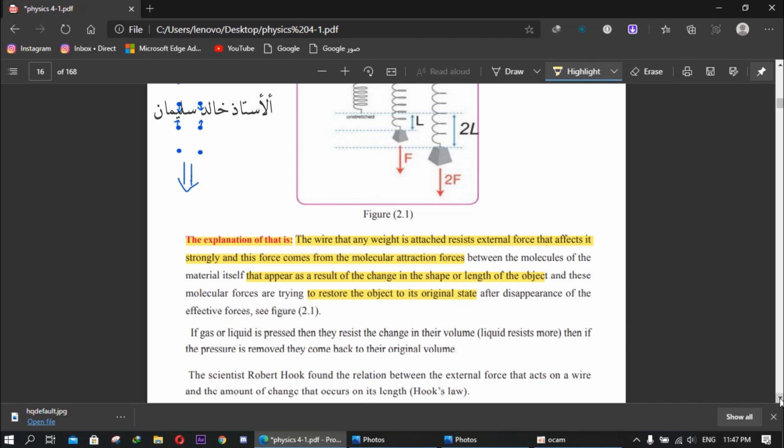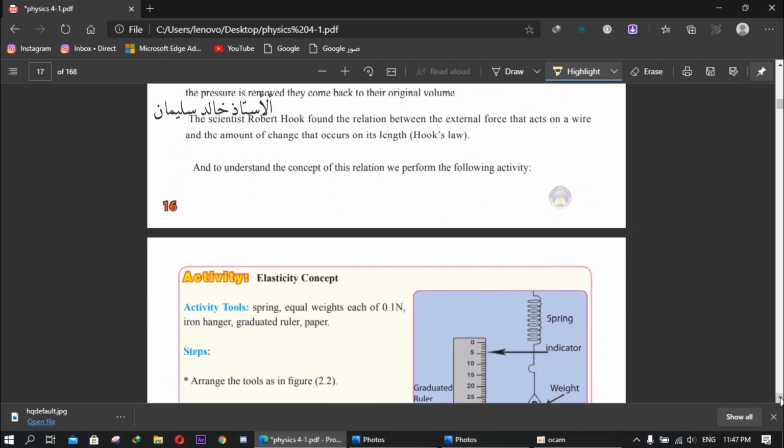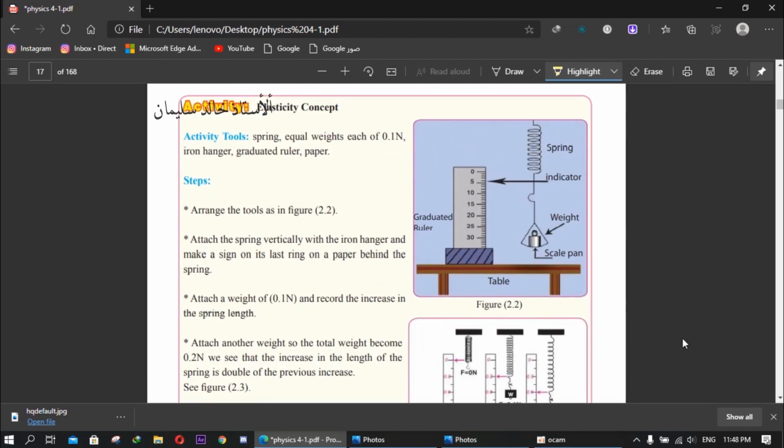Now let's study the activity of the elasticity concept to prove Hooke's law. In this activity, the tools are a spring, equal weights of 0.1 Newton, an iron hanger, a graduated ruler, and a paper. Steps: arrange the tools as in the figure.